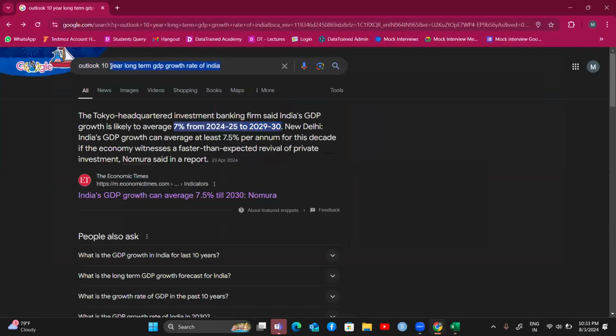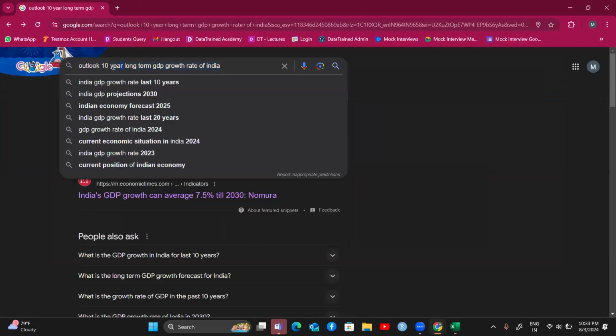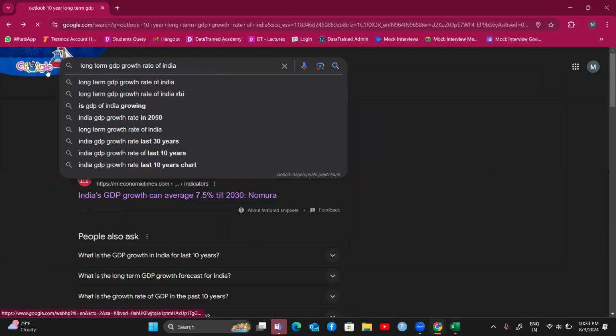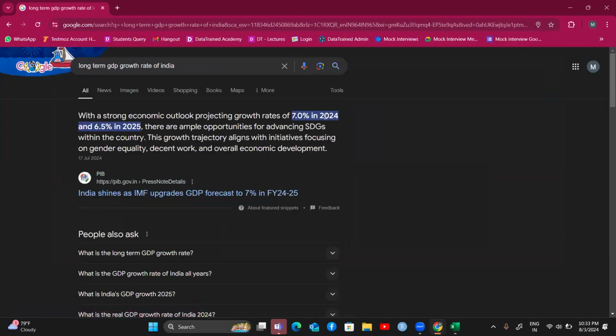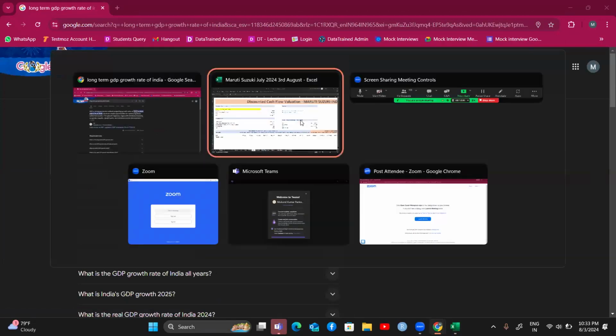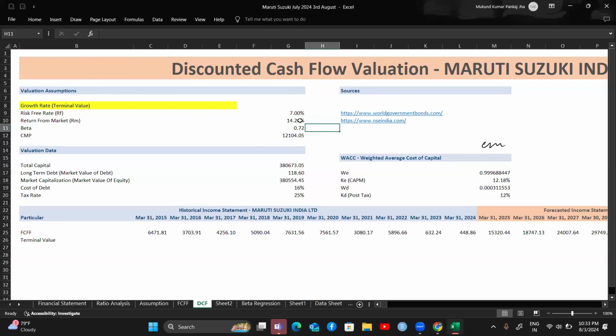Long-term GDP growth rate for India. Now you might be wondering, this is given for the year 2024-25. So in the financial year 2024-25, the long-term GDP growth rate is quoted as 7%. So we are keeping it 7%.